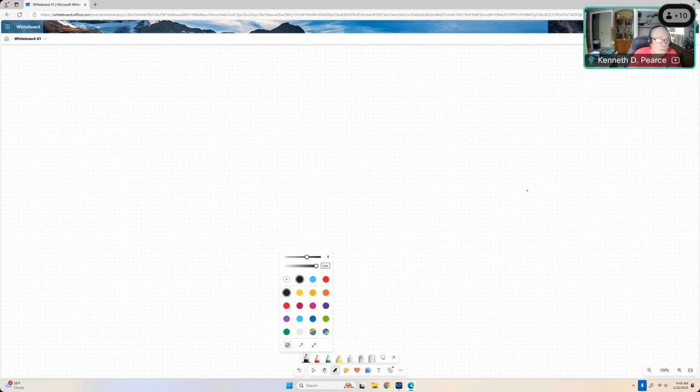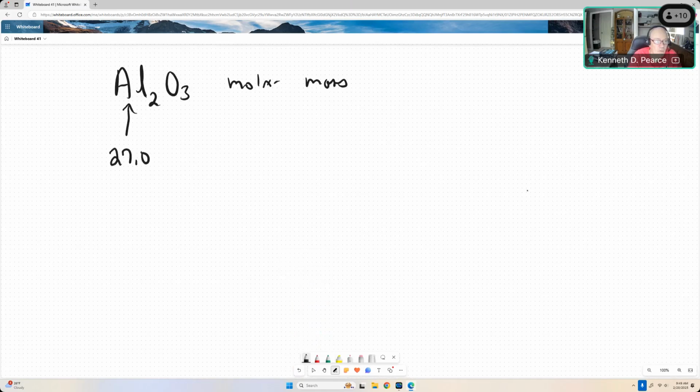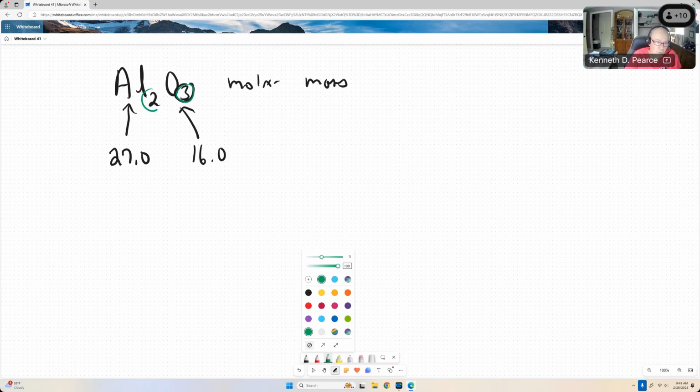What about the molar mass of aluminum oxide? Well, I look on the periodic table and aluminum is 27.0. And I see that oxygen is 16.0 when I round it to 1 decimal. But there's 3 of the oxygen. There's 3 of these guys, 2 of the aluminums.